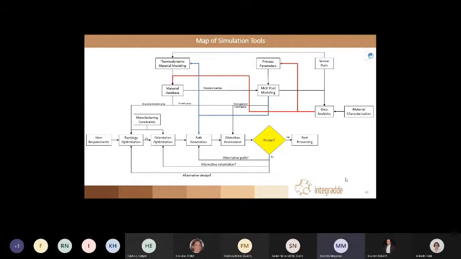All of these steps require information coming from databases or coming from other simulations. So, for example, when you design something, you need to know information about the material. How strong is it? How does it behave in certain situations? But this information is related to heat-treated process parameters or heat-treated properties.